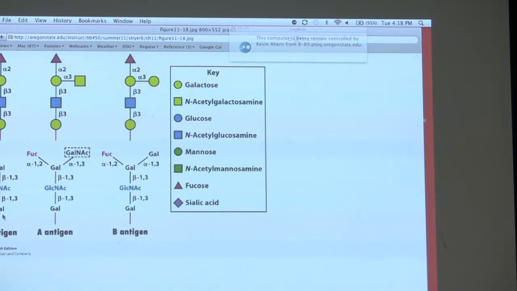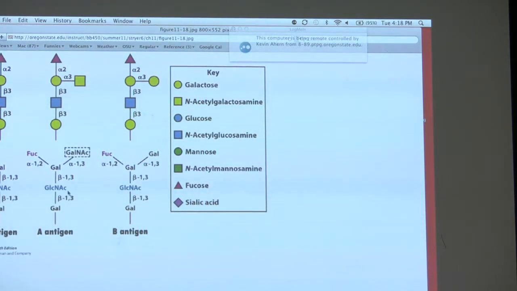You can see that the difference between an O antigen versus an A antigen versus a B antigen is not very significant. But the immune system sees them very differently. So it's for that reason we have to be very careful in mixing different blood tests.